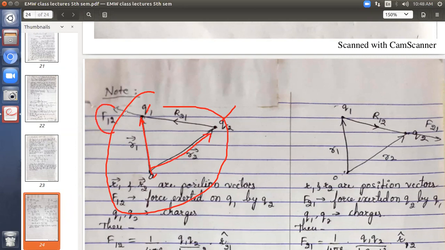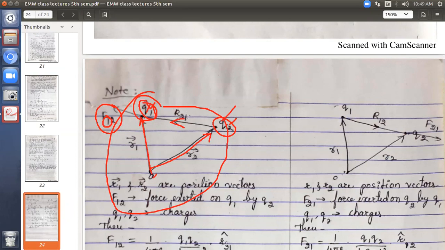If it is F12, it indicates the force exerted on Q1 due to Q2. During that, the direction will be towards Q1. The rope is coming, the other person is trying to drag towards her side, but Q1 is also trying to drag the rope.